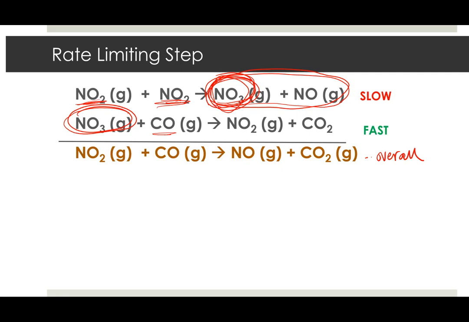So as soon as this starts piling up, boom, it immediately reacts with carbon monoxide to create this. That's a fast step. NO3 and carbon monoxide react together pretty quickly. So this overall reaction is going to be limited by this first step. This is what's going to slow us down. Once we get this intermediate formed, then everything's going to go pretty quickly from there.